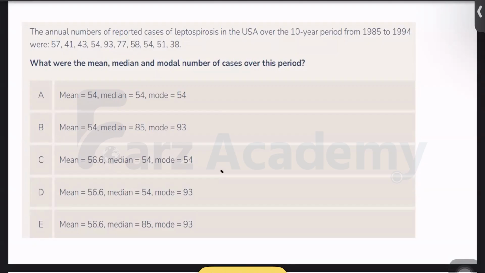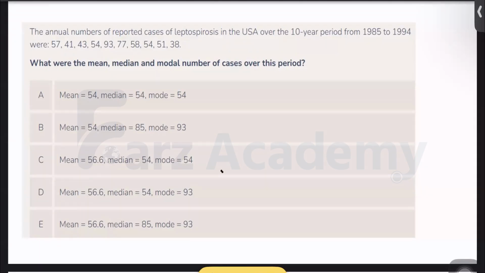So start by arranging: 38, then 41, then 43, 51, then 2 times 54, then 57, 58, 77 and 93. So what comes in the middle? The middle two numbers would be again 54. Right? So the average of that would be 54. So median and mode are both 54.